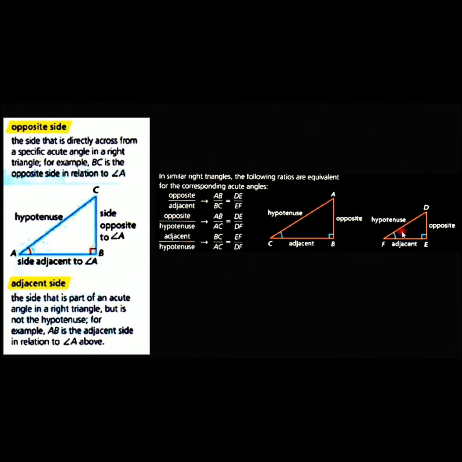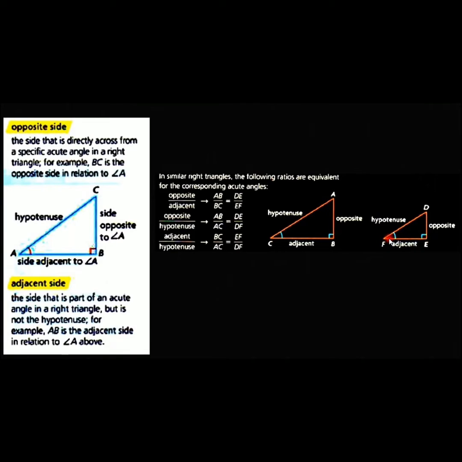Okay, so these are two right triangles, and angle C equals angle F. It means the two right triangles are similar. So this opposite side and this adjacent side relate to angle C, and this opposite side and this adjacent side relate to angle F. So AB over BC should equal DE over EF.